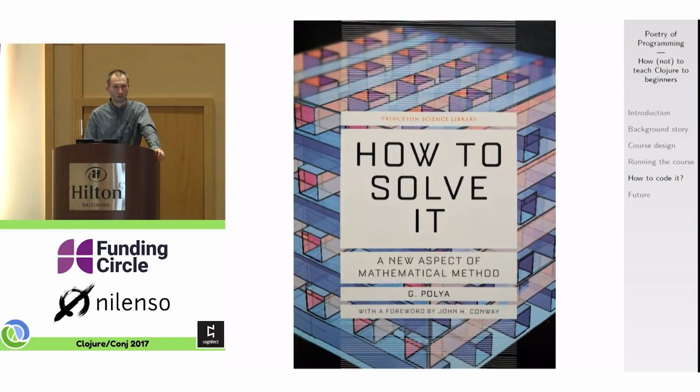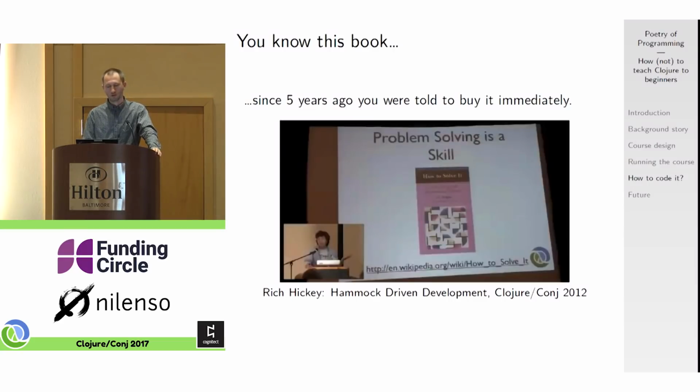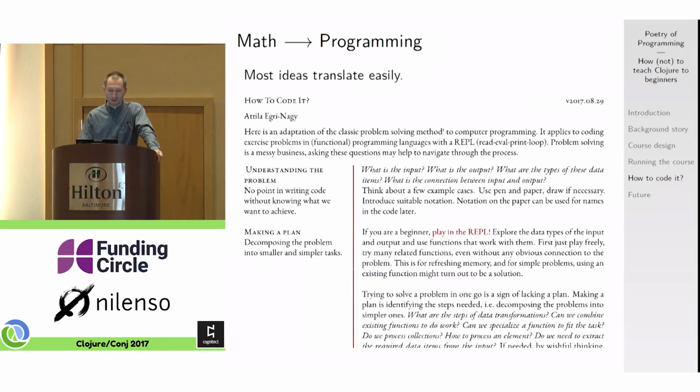And here is the book. Everyone knows this book because 5 years ago, Rich told you to buy it immediately after his talk. So I can rely on the fact that this book is well known. And luckily, it is a book about heuristics in mathematical problem solving.